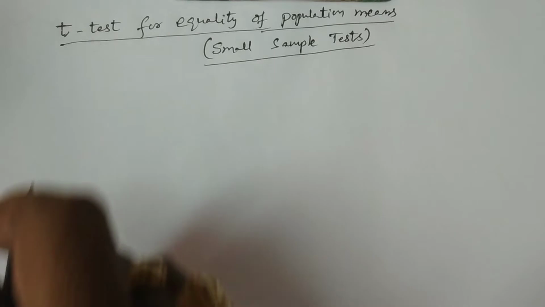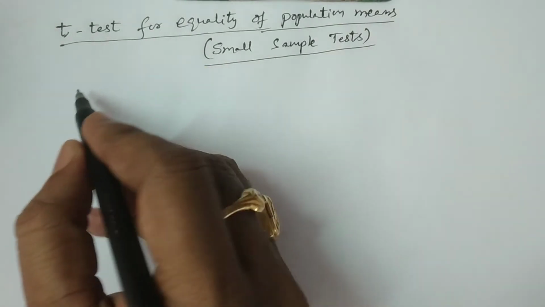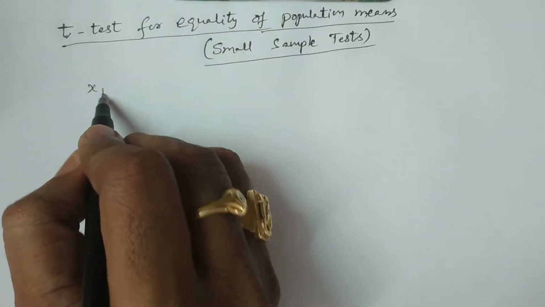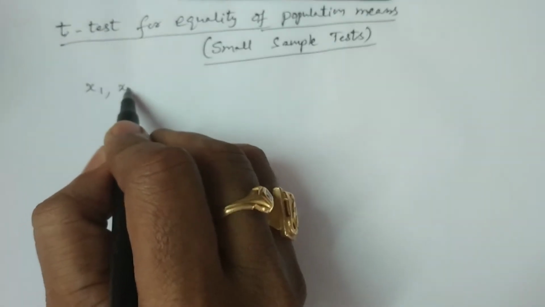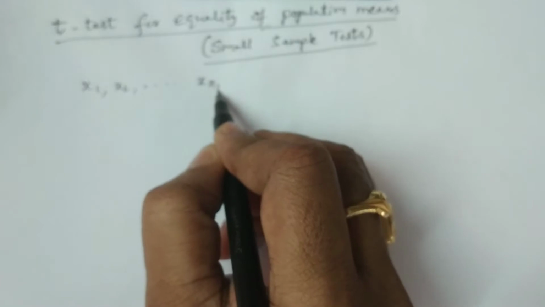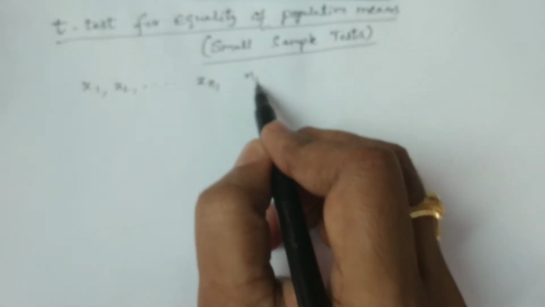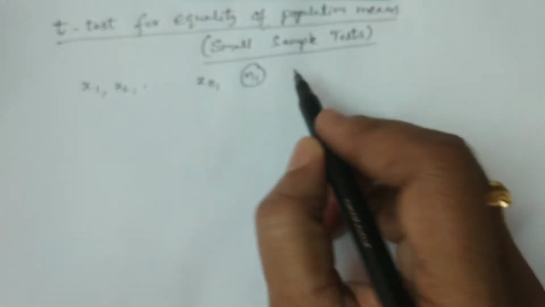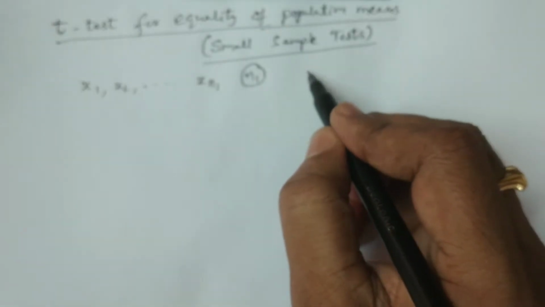So first of all, consider the theoretical part. For example, consider the first population and draw the sample observations x1, x2, and so on, xn1, of size n1, which follows a normal distribution with mean mu1 and variance sigma1 square.